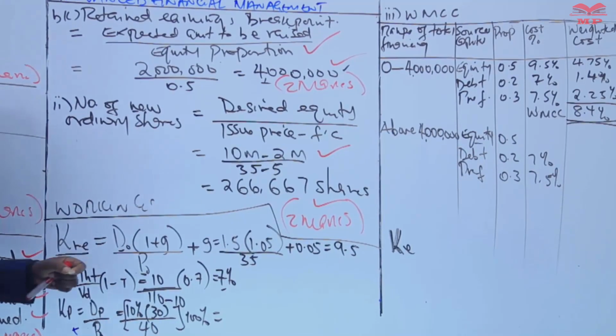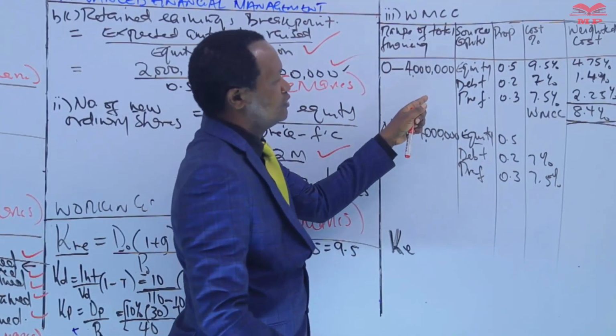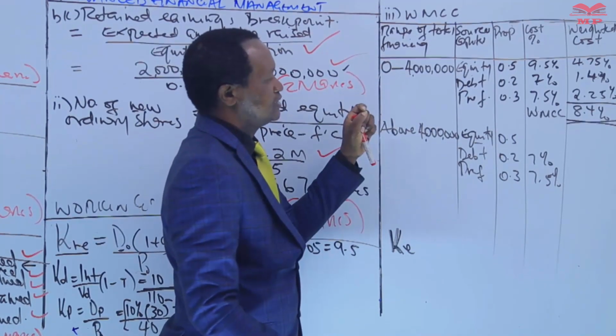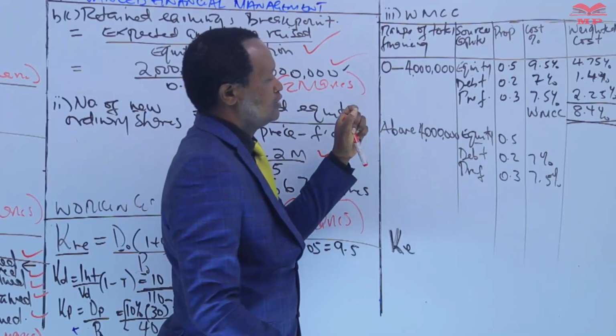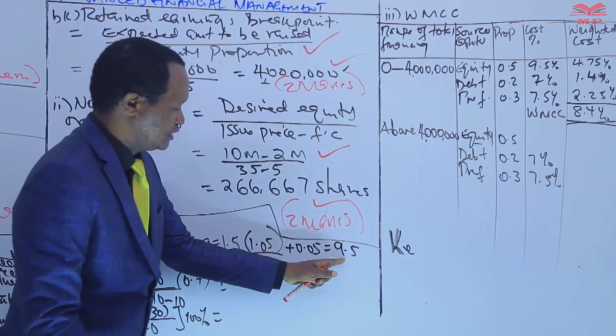So I'm repeating, the first range, 0 to 4 million, the company is to raise retained earnings, and the cost of equity is 9.5%.